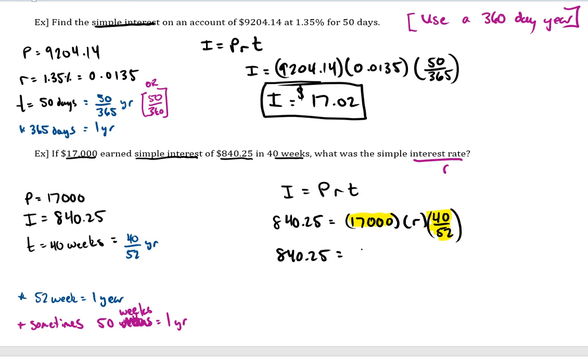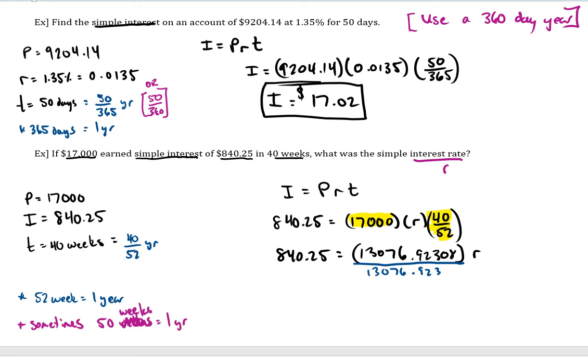So we have $840.25 equaled, when we multiplied, we got $13,076, and let's do 0.92308. So I don't want to round this number yet, so that's what the calculator gave me, and then the R is still attached. And then, well, we know if I want to get R by itself, we can divide.